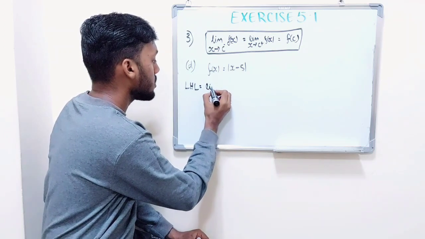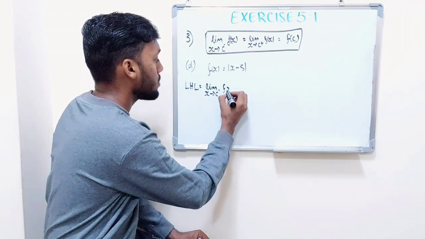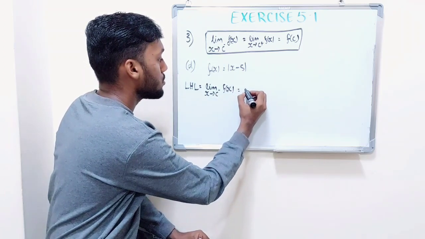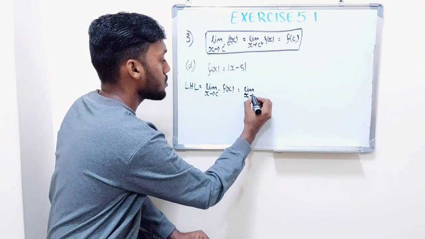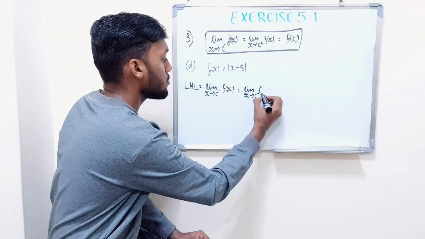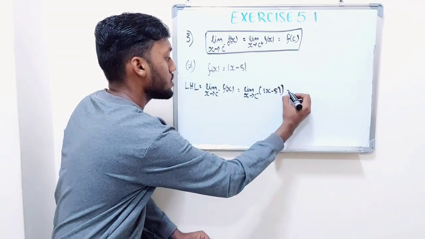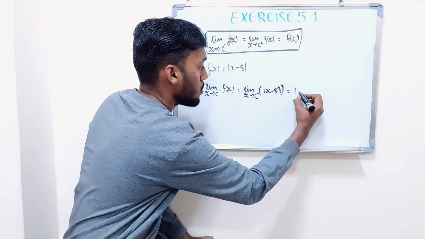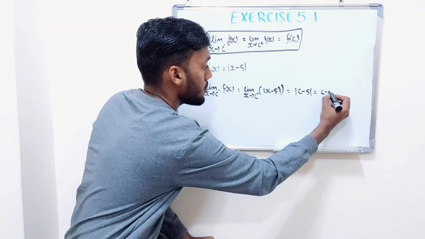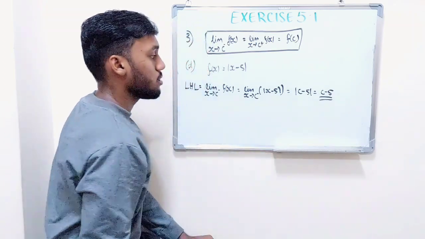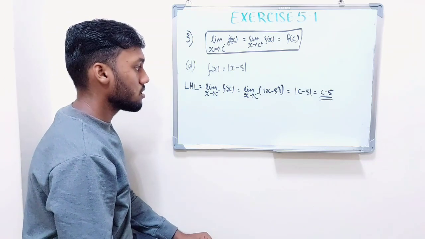Left hand limit will be written as limit x tends to c minus f of x, which is equal to limit x tends to c minus of mod x minus 5, which we'll get as mod c minus 5 itself, which is c minus 5. We'll get the absolute value, right? So c minus 5.